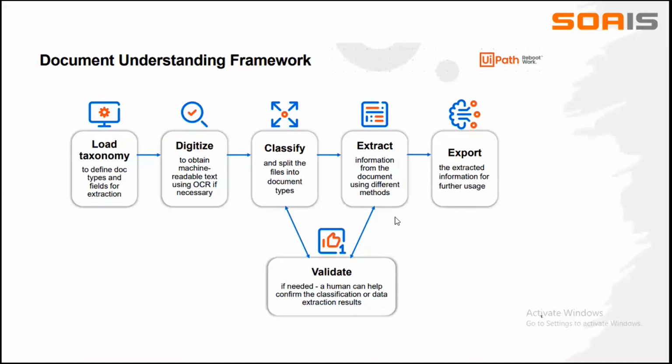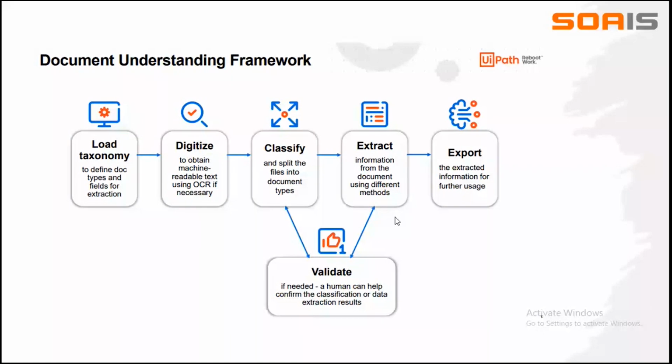Whatever OCR engine you want, you can pick one from the list of OCR engines provided by the UiPath team, based on the results. You can utilize those OCR engines to get your document digitized, where the image type of document will be converted into a document type which is readable by a computer. So that is where digitization comes into the picture.